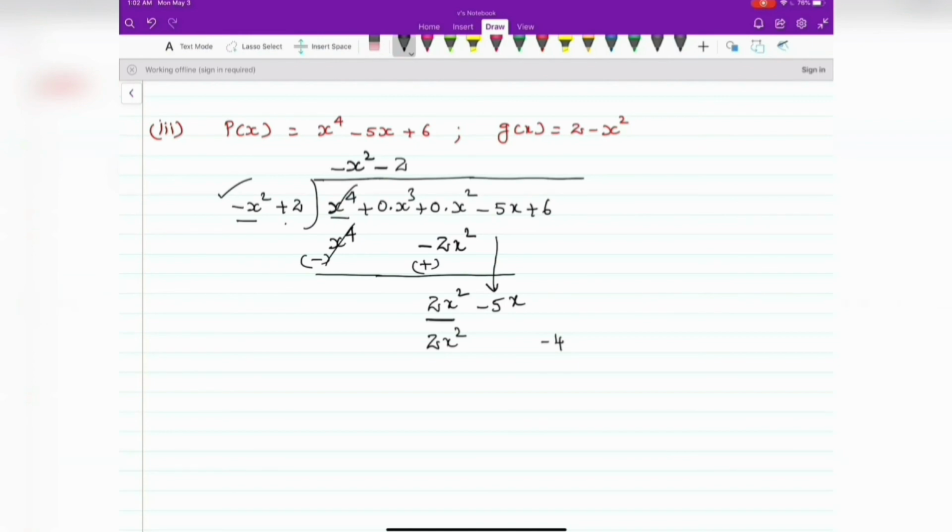Now what will happen? To subtract, the sign will change. 2x square minus 2x square will get cancelled. This minus 5x, you write it as it is. Then I am having here plus 4. I have to bring down this plus 6.